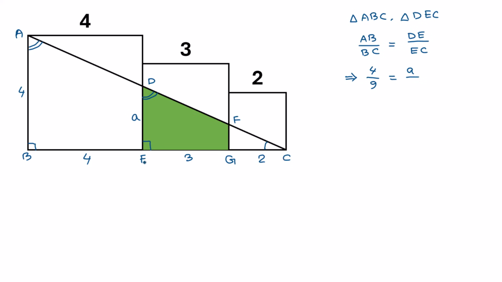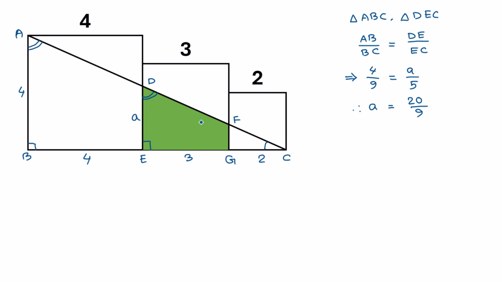EC is equal to EG plus GC, which is 3 plus 2, so this is 5. The value of A is equal to 4 times 5, this is 20 over 9.